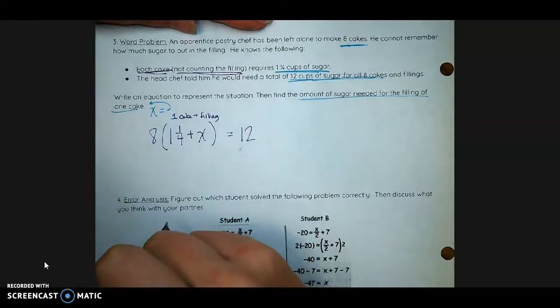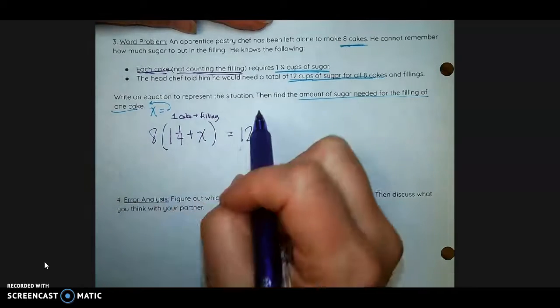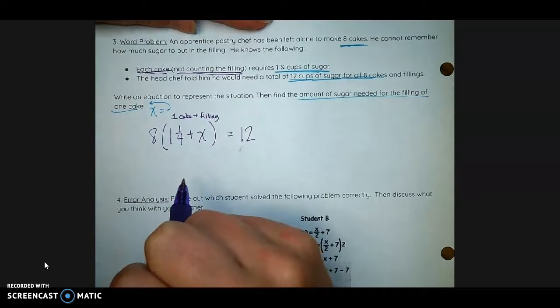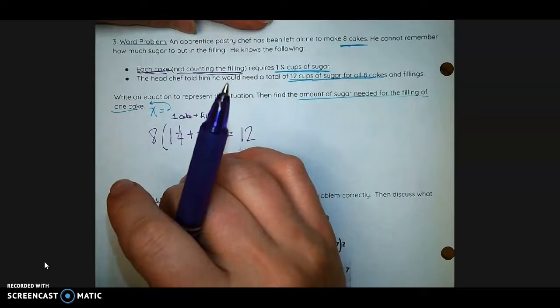So I'm going to go ahead and multiply 8 times 1 1/4. When I do that, I'm going to eventually get rid of that 4 in the bottom.